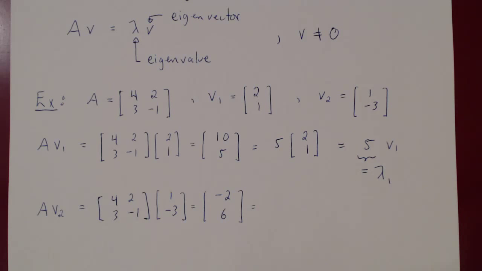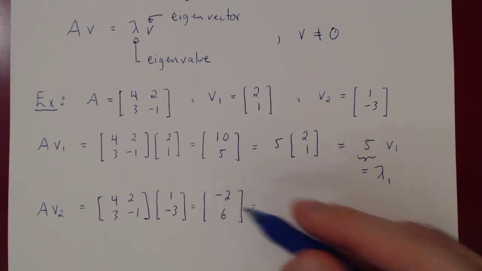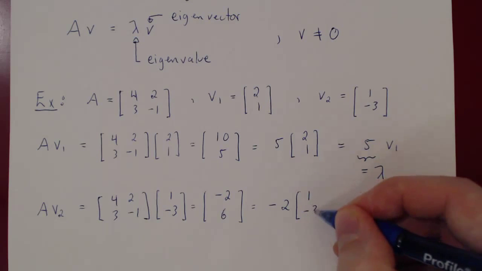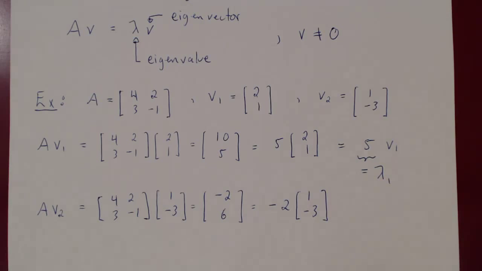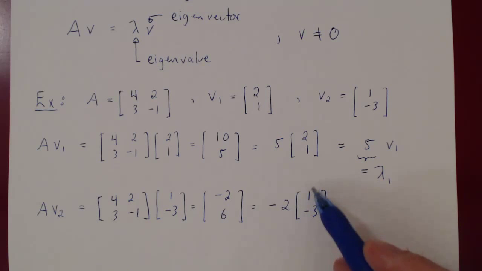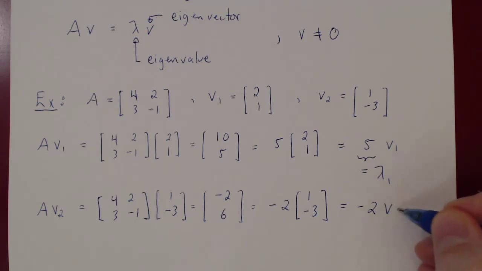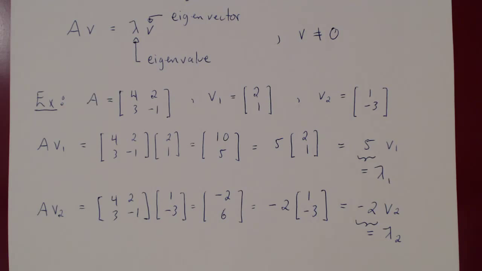Well, we can factor a negative 2 from this vector, and we get negative 2 times the vector 1, negative 3. So we multiply the vector 1, negative 3 by A, and the result happens to be negative 2 times the vector 1, negative 3. This is simply negative 2 times the vector V2, and hence the value negative 2 is the corresponding eigenvalue, which we call lambda 2. So A times V2 is just negative 2 times V2.